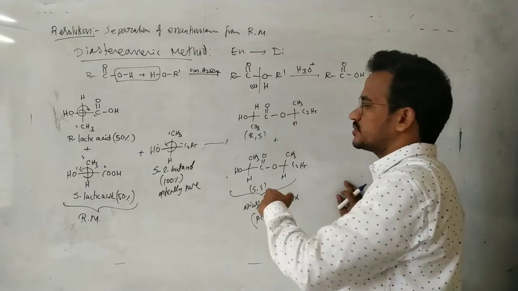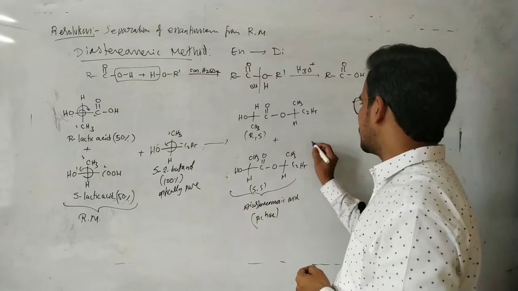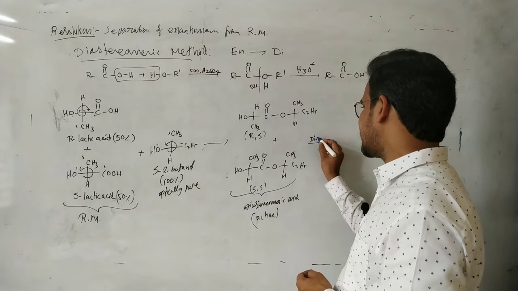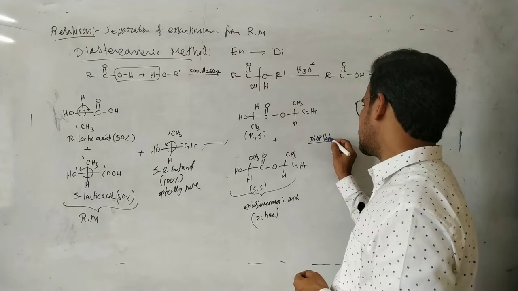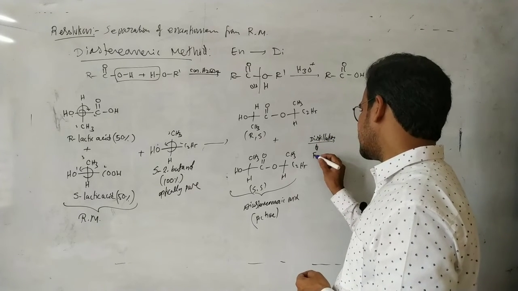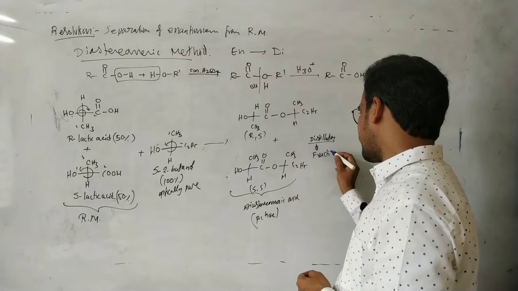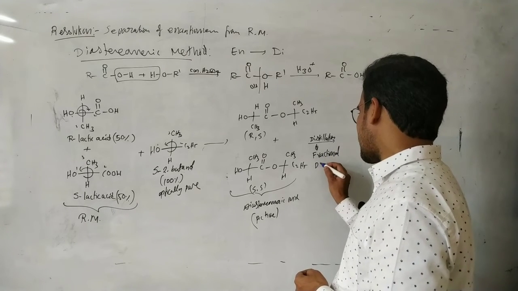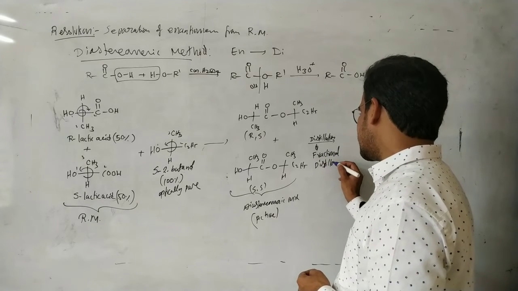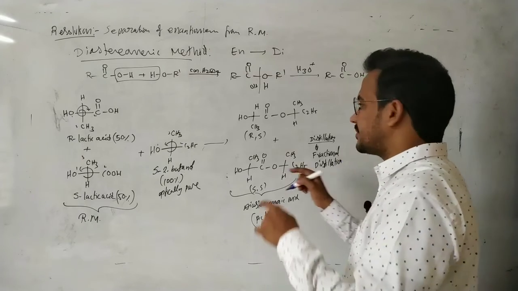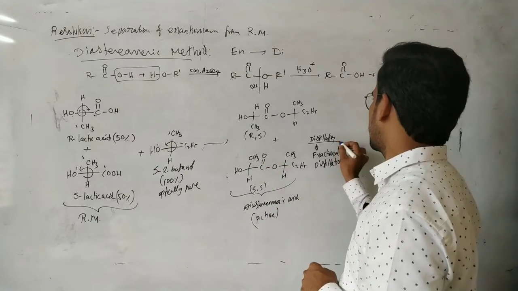Now here these two are the diastereomers having different properties. So here by using distillation technique, or by using fractional distillation, that means by using one physical method we can separate these two diastereomers.